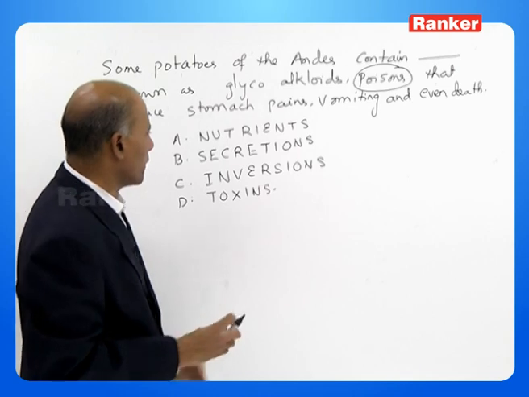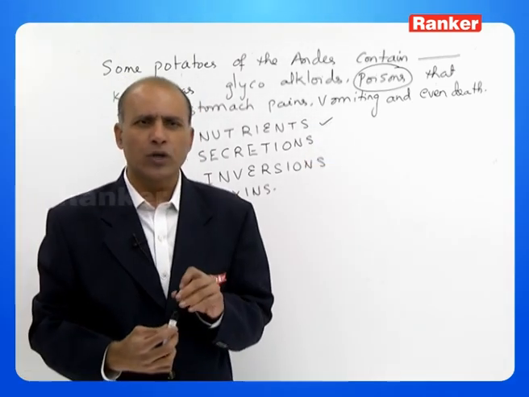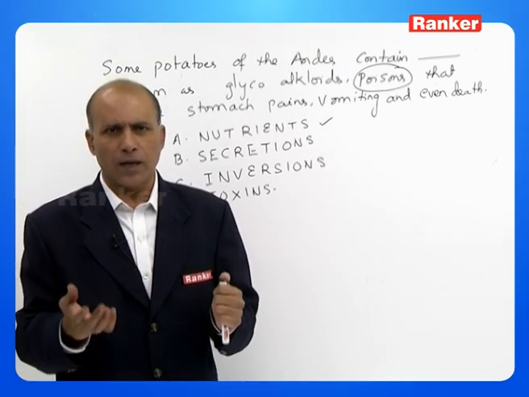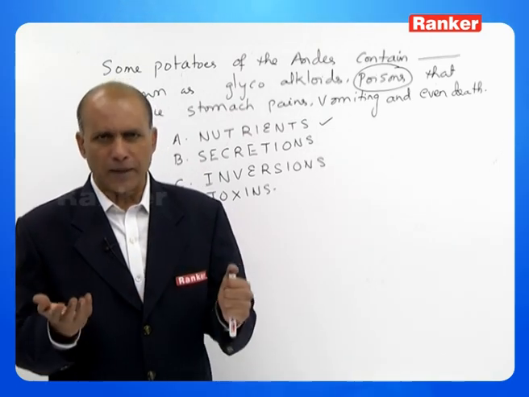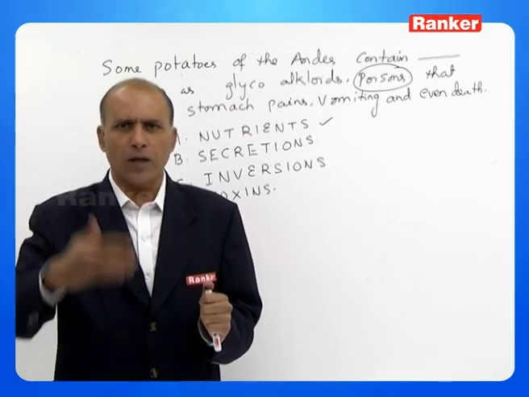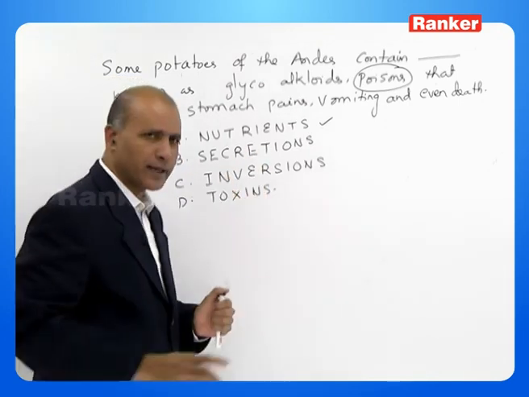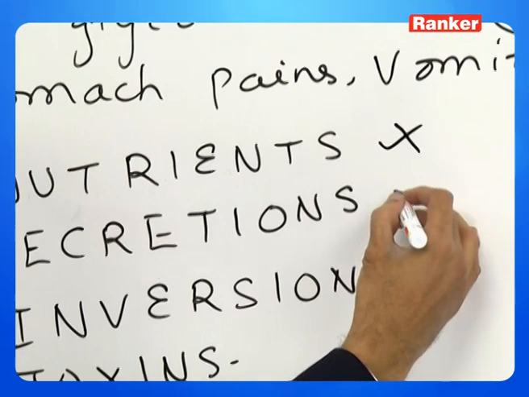Nutrients. What are nutrients? Nutrition is food. So our food contains carbohydrates, fats, vitamins. All these things are what are called nutrients. Is a poison a nutrient? No. So wrong. Secretion.